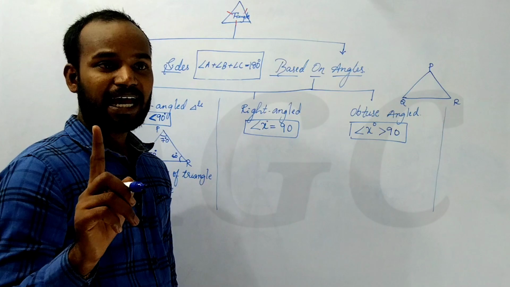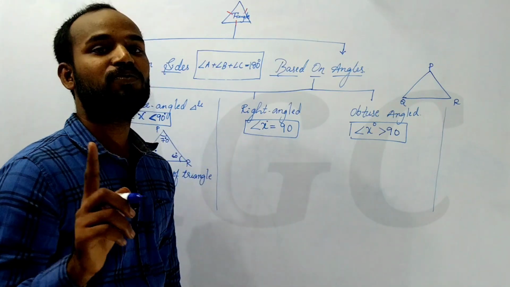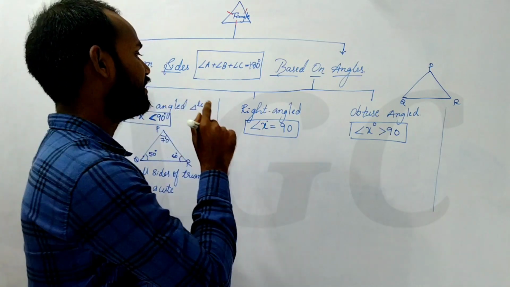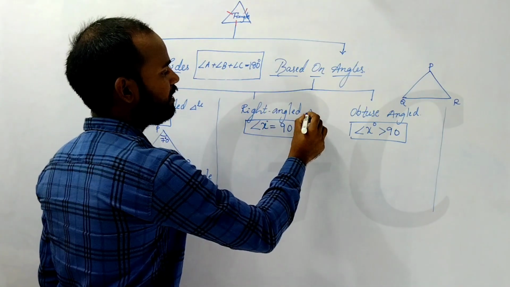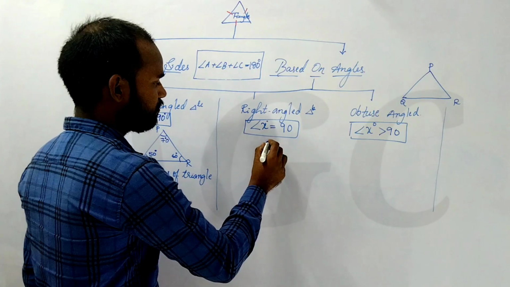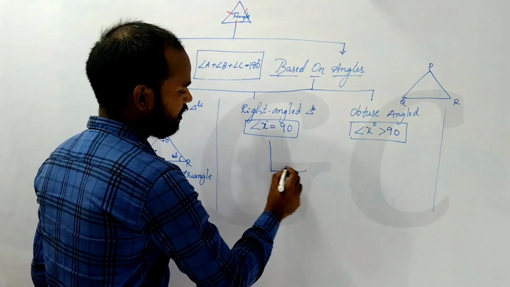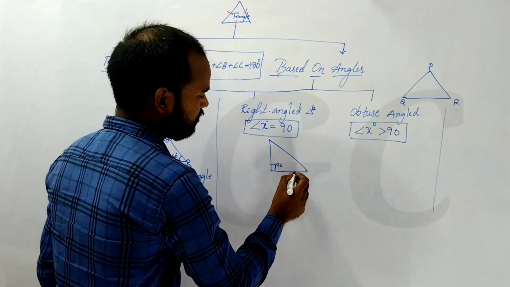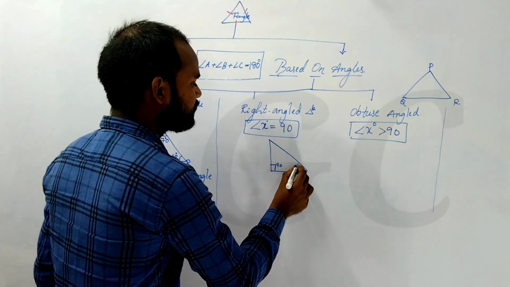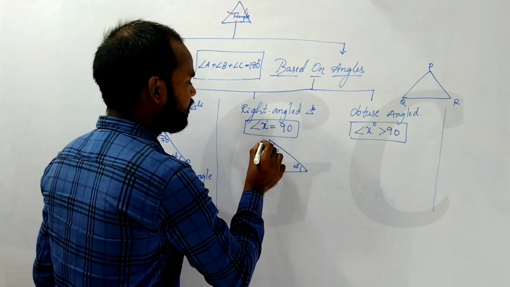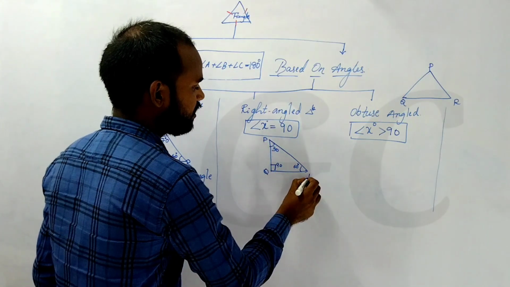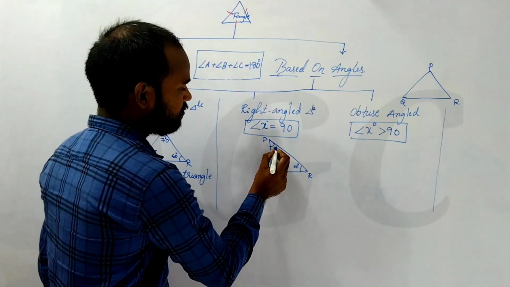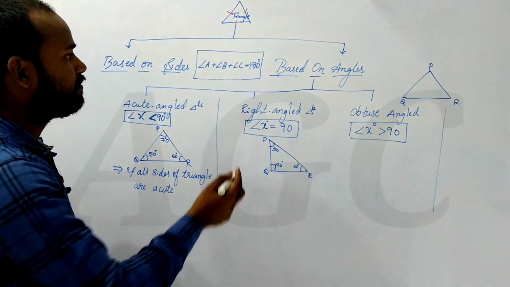Next, what is a right angle triangle? If one angle of the triangle is equal to 90, then that triangle is said to be a right angled triangle. See now, this is one 90 degrees. Next, this is 60, this is 30. In triangle PQR, the sum of the three angles must be equal to 180.